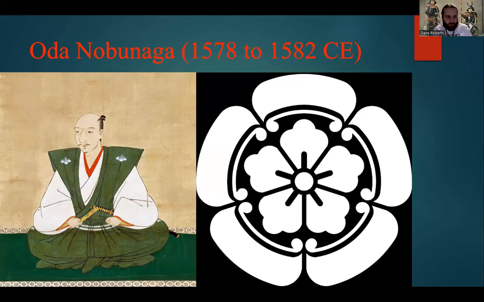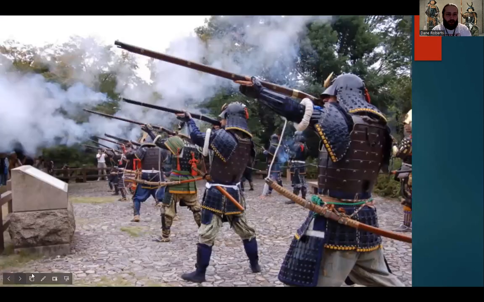was called. So Oda Nobunaga took hold of the Oda clan and ruled the Oda clan from 1578 to 1582 CE. And here's the Oda clan crest, and here's Oda Nobunaga.